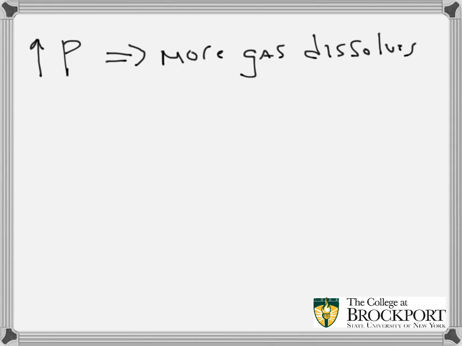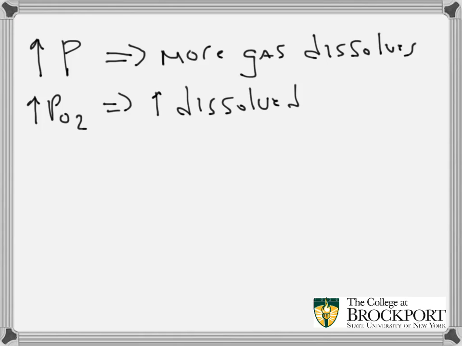So, for example, if we increase the pressure of oxygen from 159 millimeters of mercury to 760, like if you're breathing through a mask in a tank, then we will increase the amount of dissolved gas or dissolved oxygen in a solution. In this case, in our plasma, right? So what we're talking about is dissolving oxygen in the plasma.